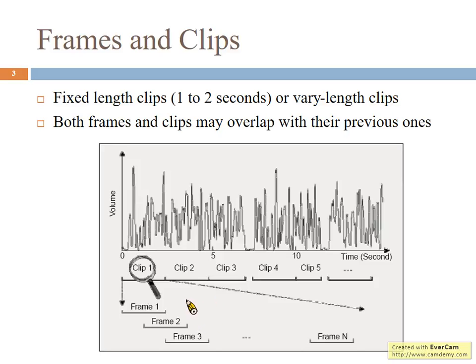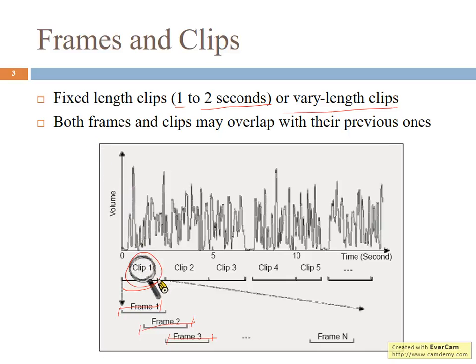Here is an illustration showing the relationship between frame and clip. Given this audio signal, we can divide it into overlapping audio frames. One audio frame may last for 20 or 40 milliseconds, and we aggregate a number of audio frames into a clip. A clip may be of fixed length, lasting 1 to 2 seconds, or of variable length.